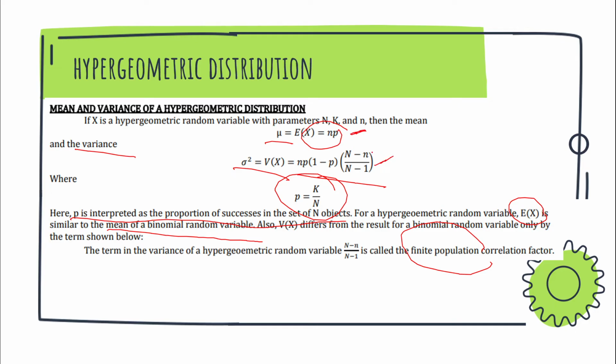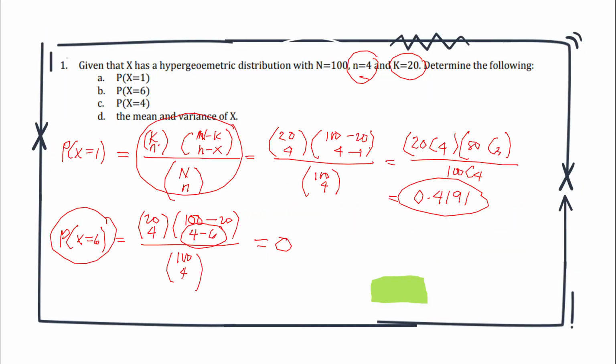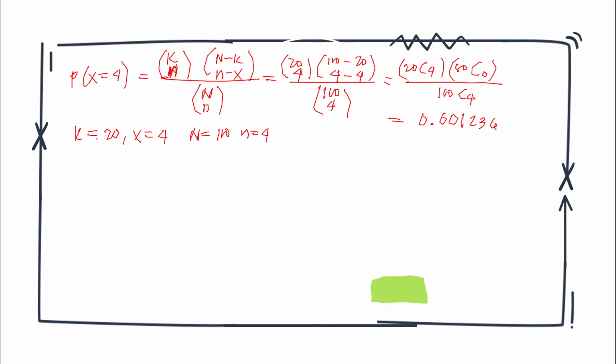By the use of this formula, for the mean, expected value of x is equal to np, where p is equal to k over N. So k over N, that is equal to, what is the value for our n, which is 4, times what is our k?